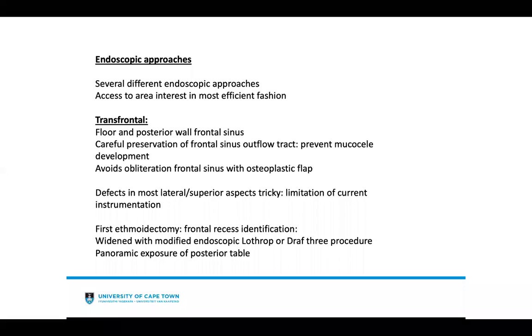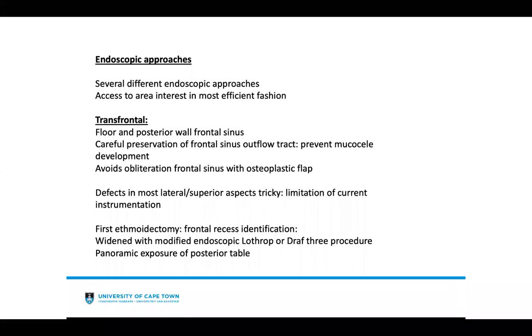You don't want a mucocele to develop in the area where you've operated. Endoscopically, it also helps to avoid obliteration of the frontal sinus with that traditional osteoplastic flap that was previously required. The defects in the most lateral or superior aspects, transfrontal, can be tricky. And that's really limited by our current instrumentation, being able to look into different areas.